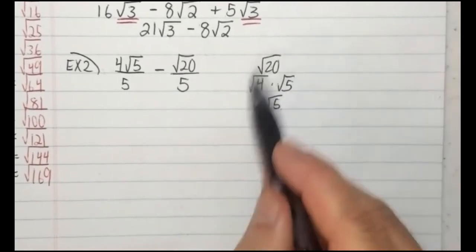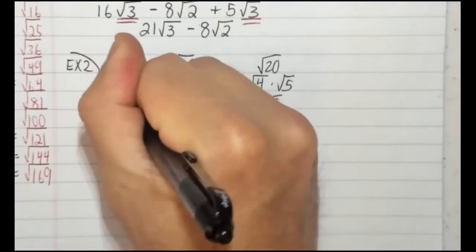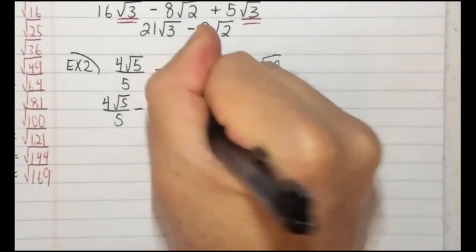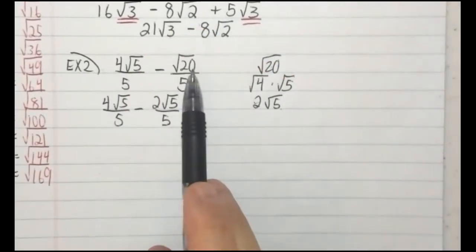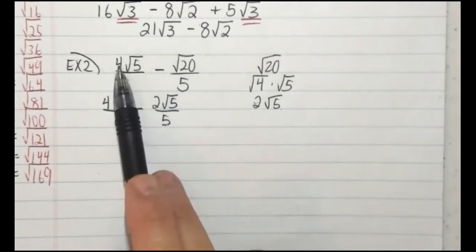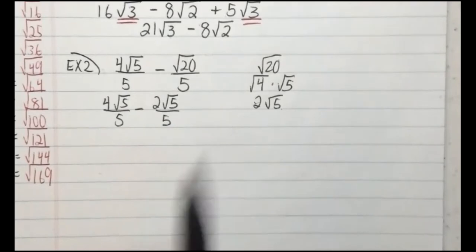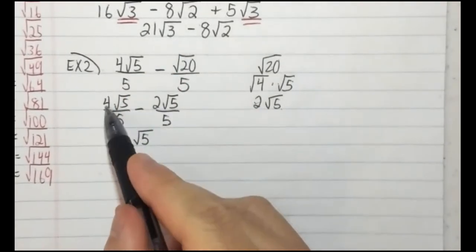Okay, so what you're going to do is replace the square root of 20 with 2 square root of 5. Initially they weren't the same, but after I simplified square root of 20, now I notice they are the same. So I'm going to keep the square root of 5. And then all I'm doing is, what's 4 take away 2?